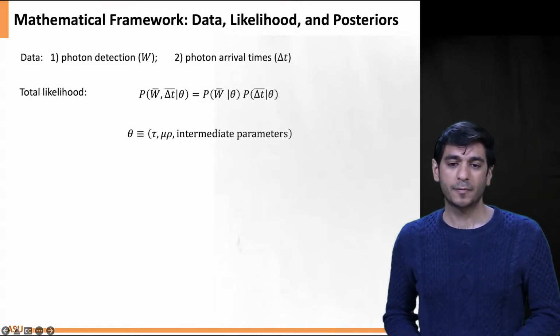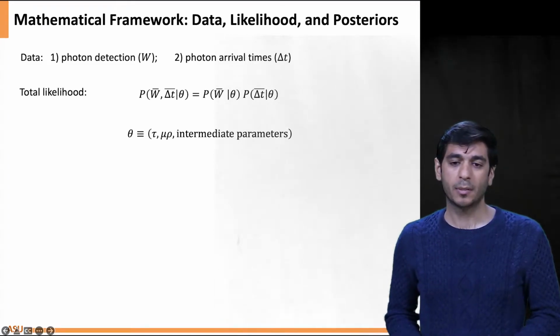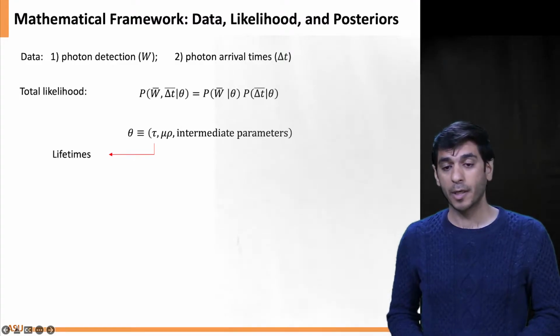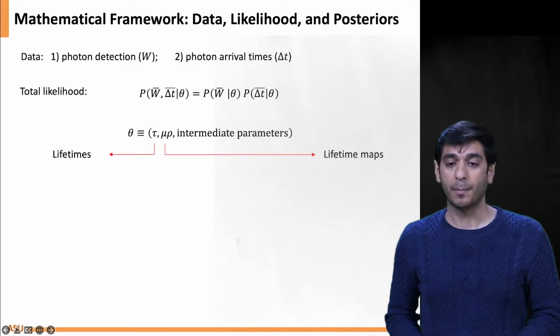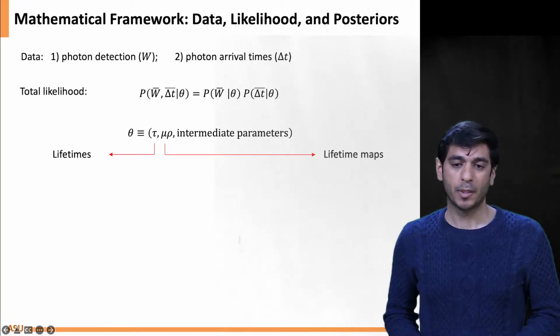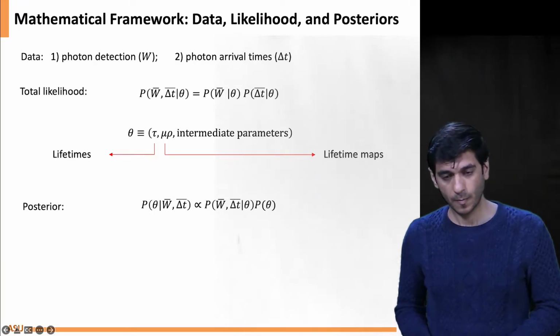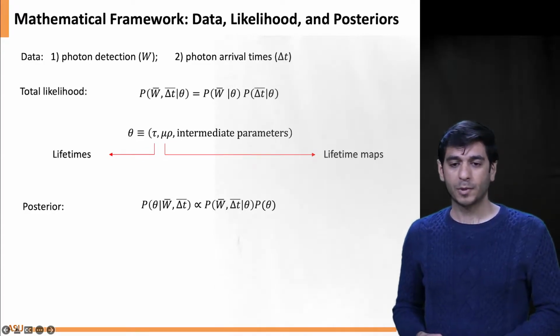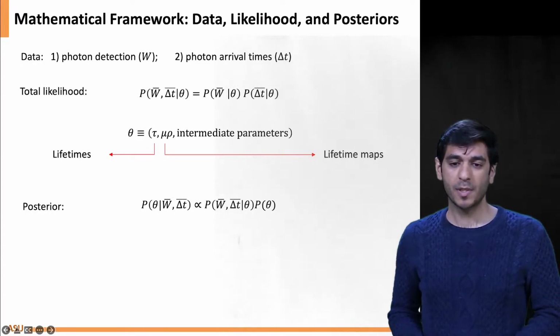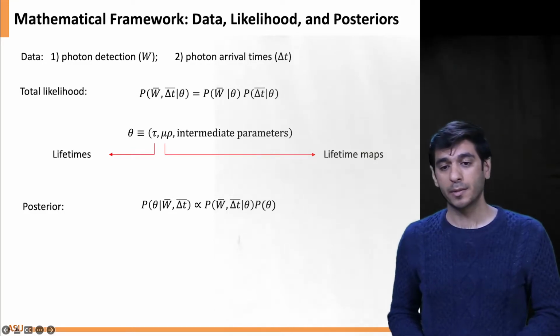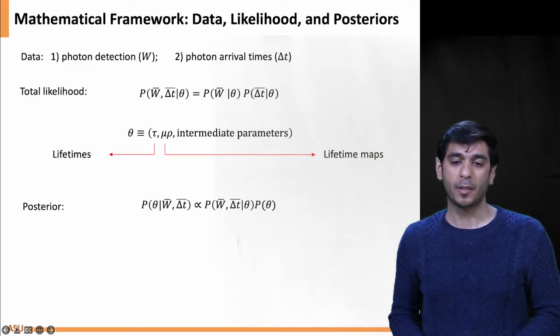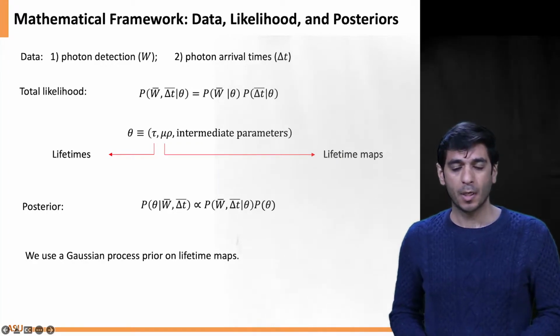The set of unknowns that I show by theta are the lifetimes and the associated lifetime maps, and there are a few intermediate parameters that I'm not going to talk about in detail here. The main object that I'm going to work with later is the posterior, which is proportional to the product of the total likelihood and the priors on all the unknown parameters.